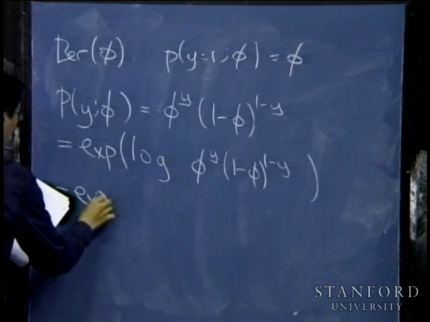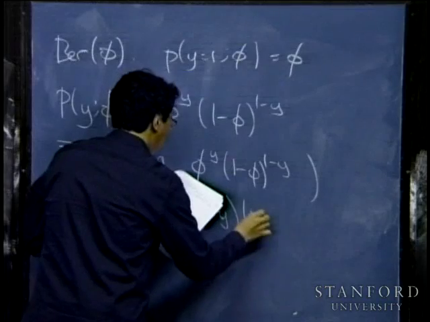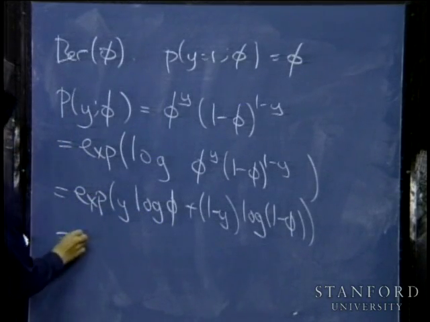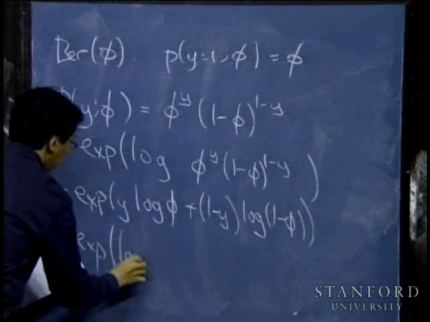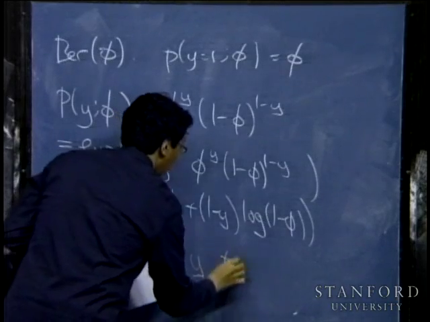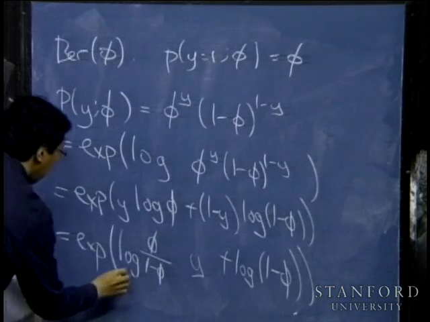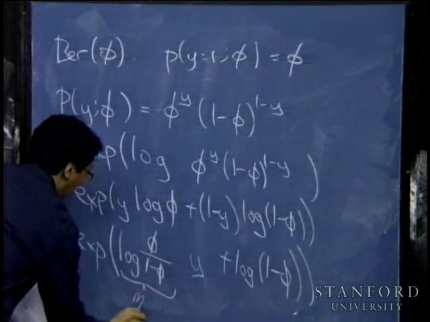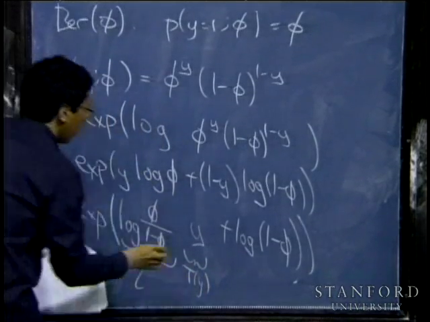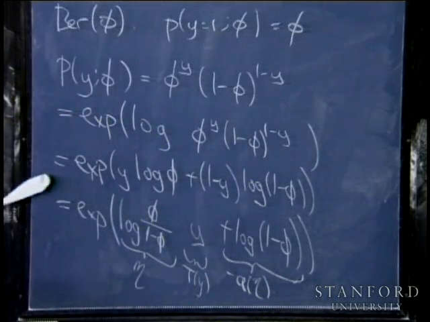And this is equal to e to the y... And so I'm going to define that to be eta, this to be T of y, and this will be minus A of eta.